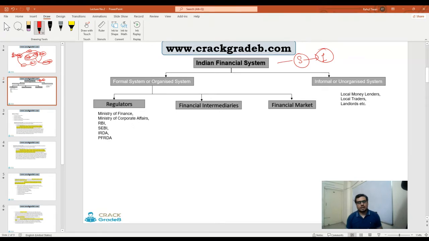Because policies are made for the formal system and are not applicable in the informal system, and the informal system is a big chunk of the Indian economy. So whenever we look for the problems in the implementation of policies and schemes, we can always highlight the presence of the informal system at a larger scale.